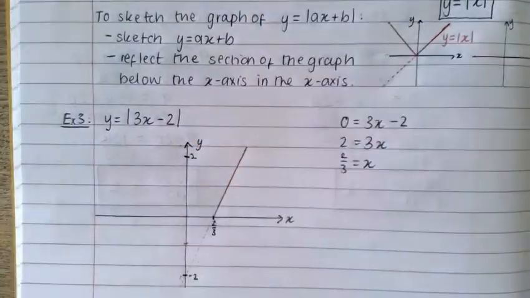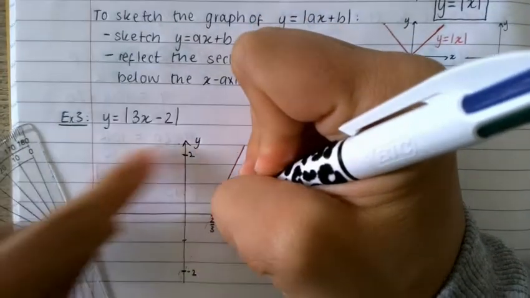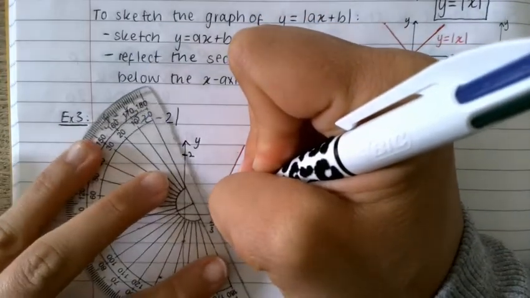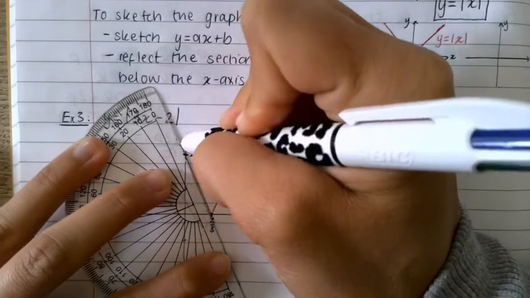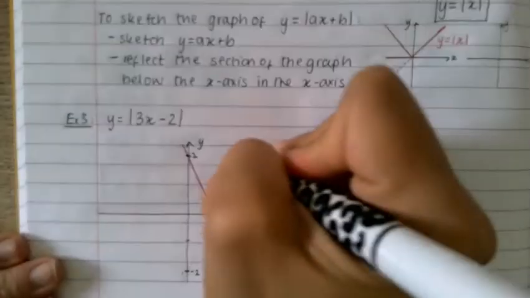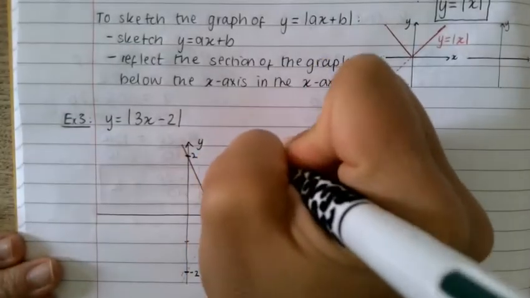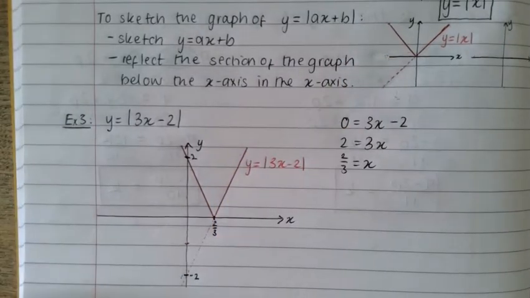So that is where I'm trying to intersect. So reflecting this line up in the x-axis takes me to here. So there we go. I've plotted the graph of y equals the modulus of 3x take away 2.